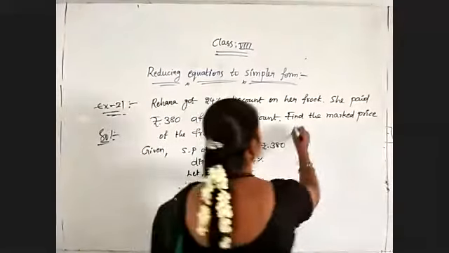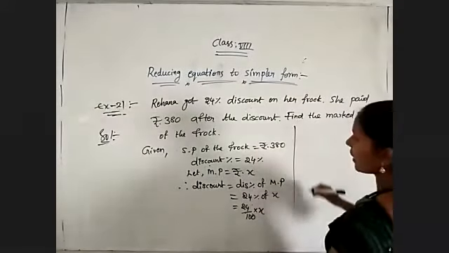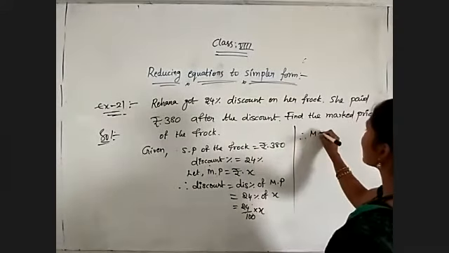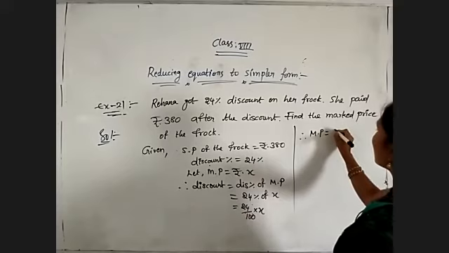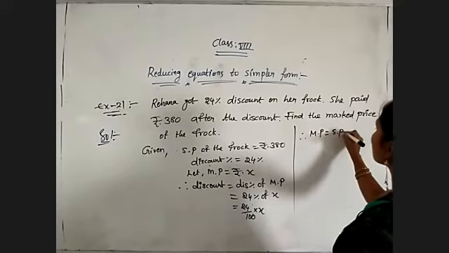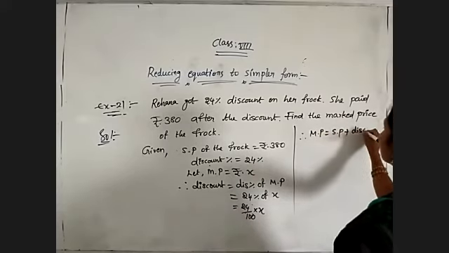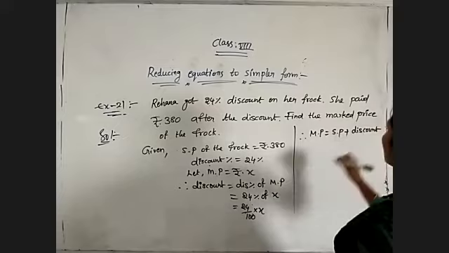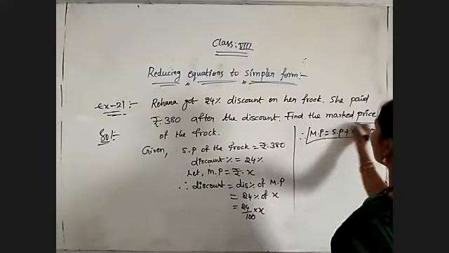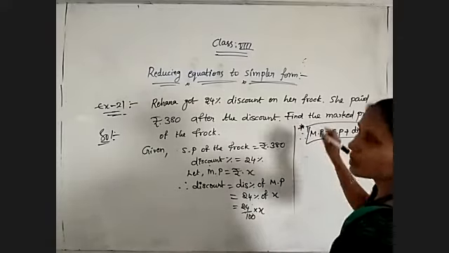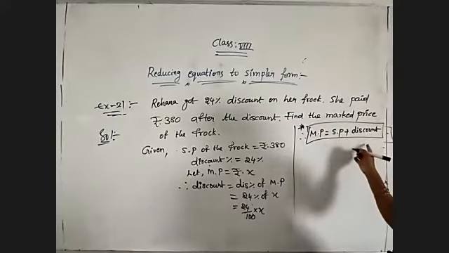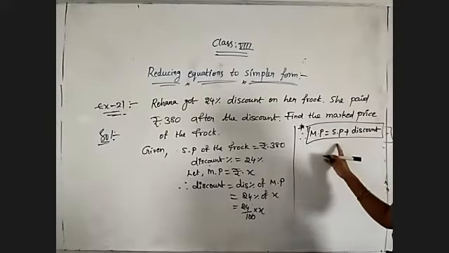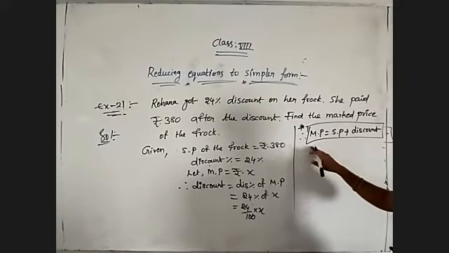Okay. Now I have the MP value and the discount value. So as I told you, MP is equal to SP plus discount. This is my formula. Remember this. Market price, how are we getting it? Whatever discount we got and how much amount we paid, by adding both, we will get the market price.